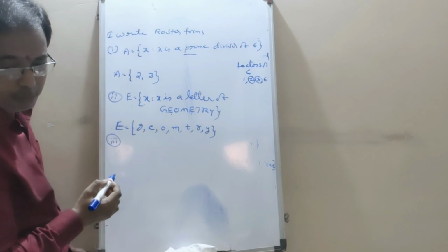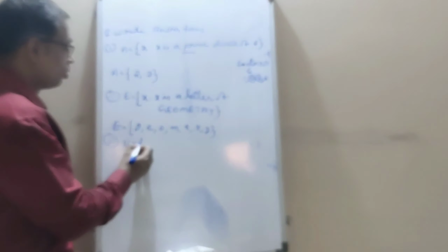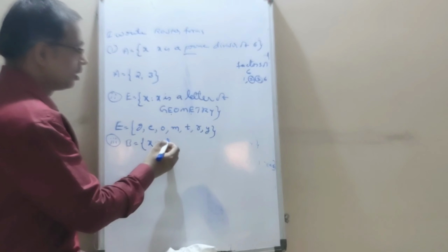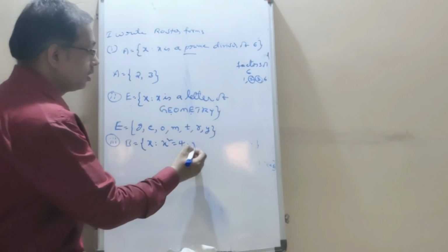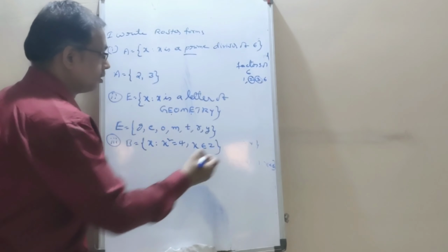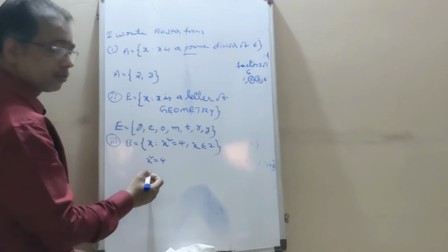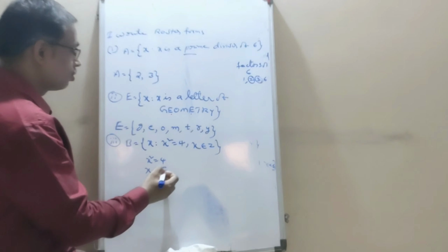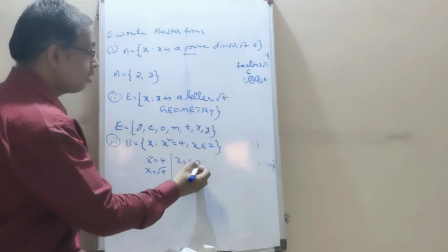Next, B is equal to x such that x square is equal to 4 and x belongs to Z. Okay, now first to solve this one, x square is equal to 4. So we can write it as x is equal to square root of 4. That is x is equal to plus or minus 2.